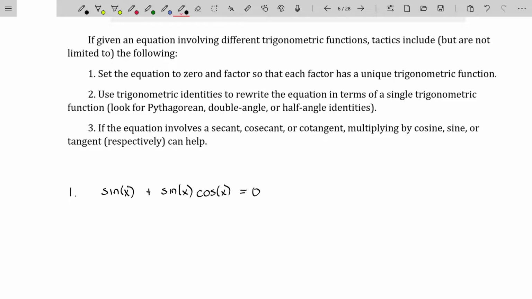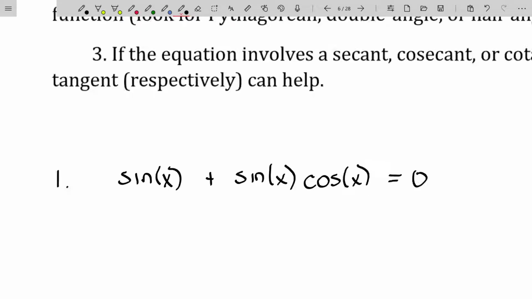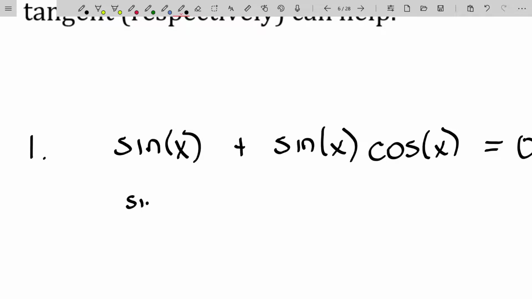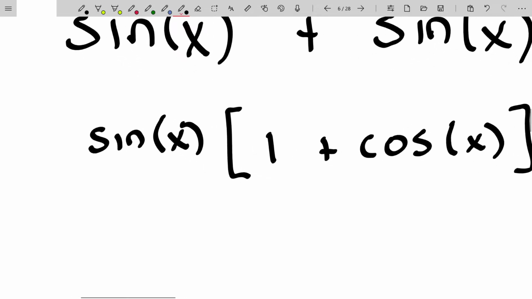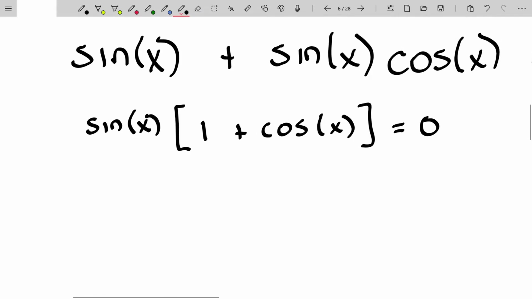Note, because it has to be equal to 0 for this first tactic, that the two terms on the left-hand side both have a sine. So you could factor out that sine of x, and you're left with 1 plus cosine of x is equal to 0. Now you can use, from algebra, the zero factor principle, which tells you that if you have a product of two objects and it becomes 0, then one of those factors must be 0.